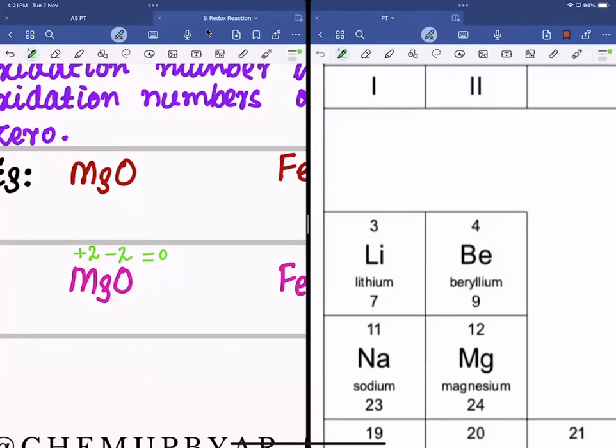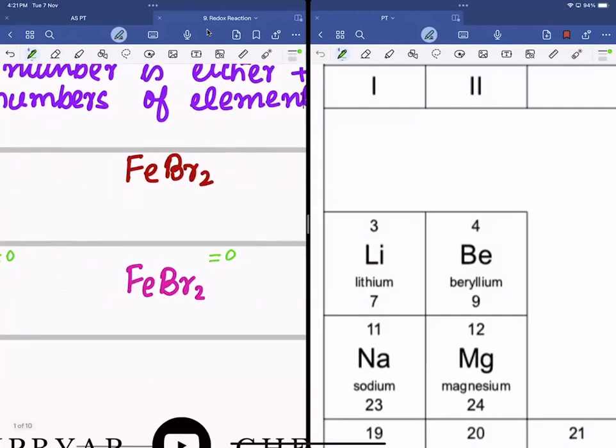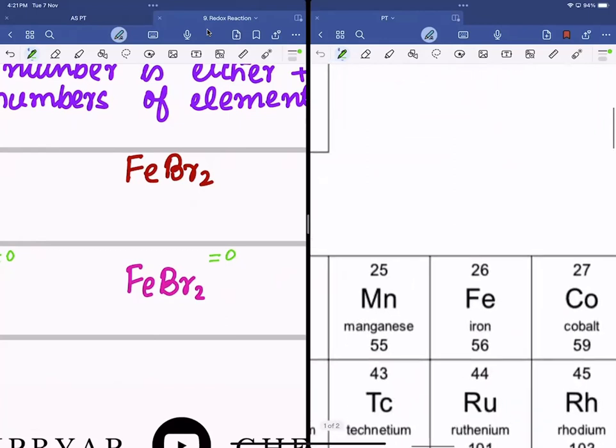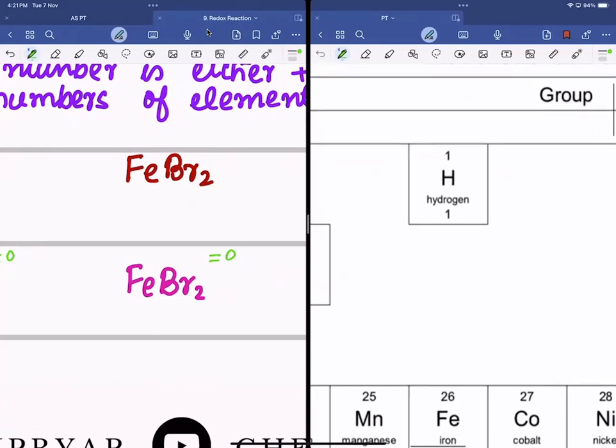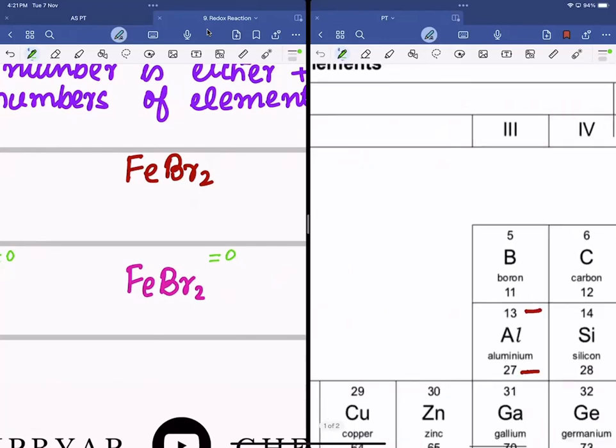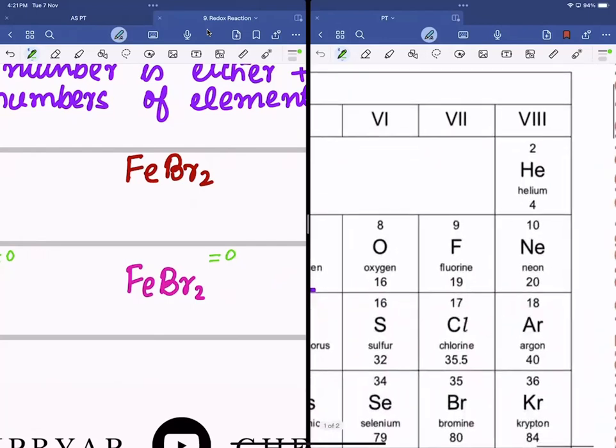Done. Now in this case, we can't directly put the charge of iron because iron is a transition element. If you see, you are not going to find any group number over there. So we take the help from bromide, bromine. What is the oxidation number of bromine then? -1.